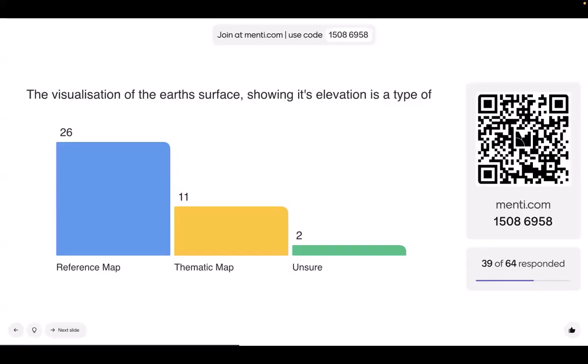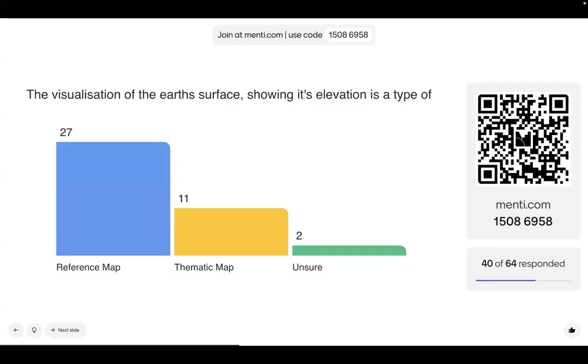The visualization of the Earth's surface showing its elevation is what we would call a topographic map. Now, this refers to the graphical representation of the three-dimensional configuration of the surface of the Earth. In short, it is simply describing where the Earth's surface is elevated. And these are normally represented by those contour lines that we see on maps. So yes, this would be a reference map.